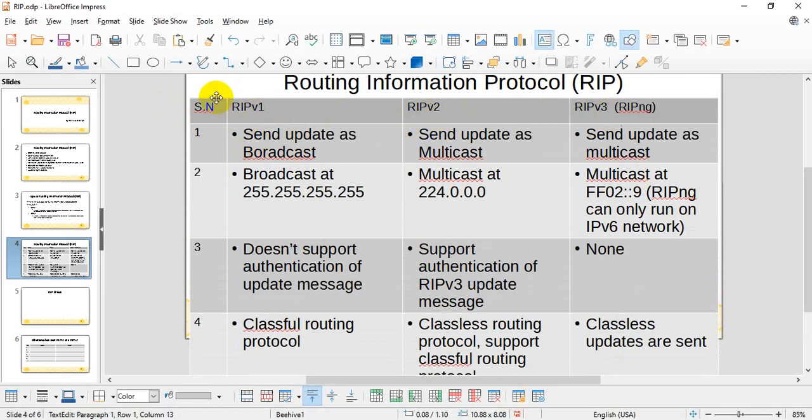And this is the comparison between Routing Information Protocol version 1, version 2, and version 3.